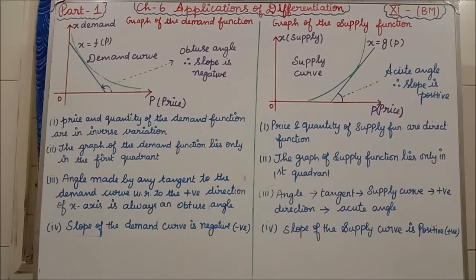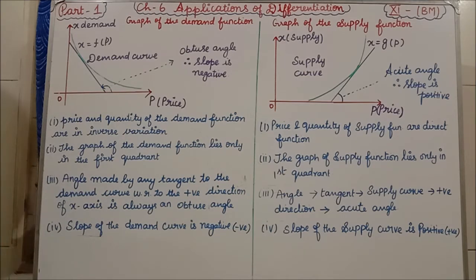When the price decreases, the demand will be increasing. When one is increasing, the other is decreasing. So this graph shows it is an inverse variation. I think in 10th standard you have learned about inverse variation. Inverse variation means one will be increasing and the other one will be decreasing.